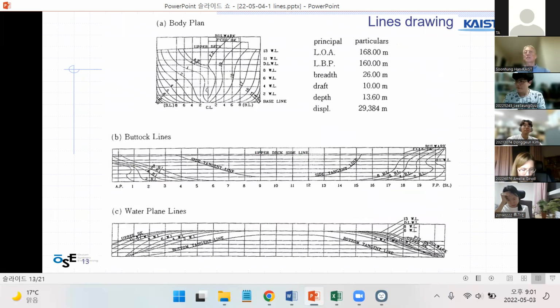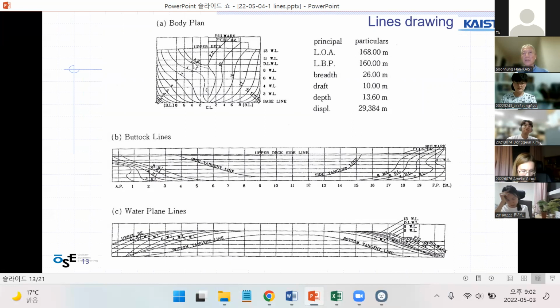Right, so this is the main drawing for the lines drawing. One of the three most important drawings is the body plan. It shows you sectional curves of each plane. And here you see there are numbers. Each number shows a station number.